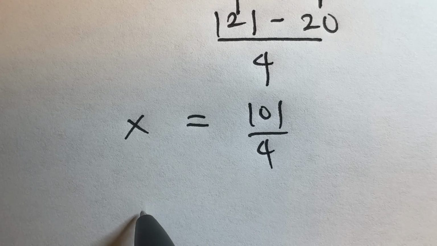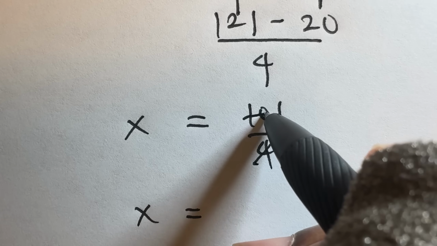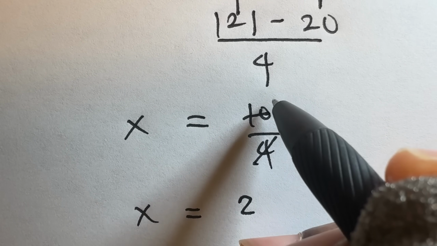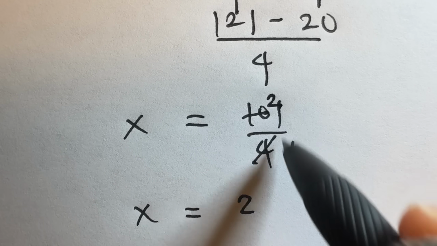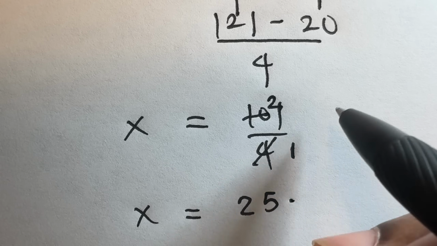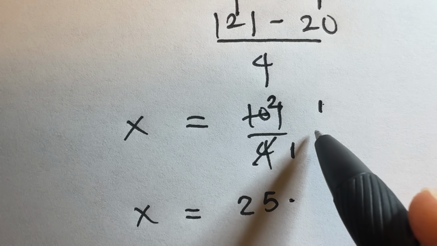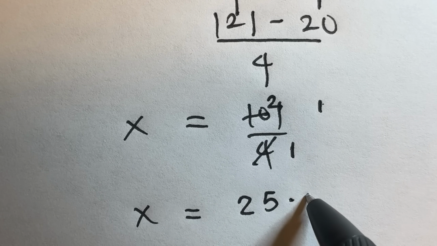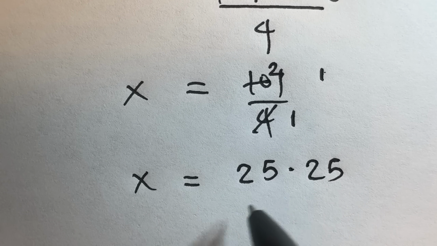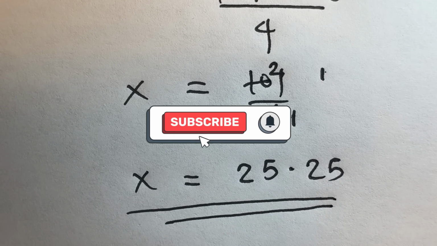So we have x is equal to, 4 in 10 is 2, remainder 2, and 4 in 21 is 5, so point, remainder 1, then 1 divided by 4 is 0.25, so we have 25.25, which gives us the exact same value as we got from the first approach.